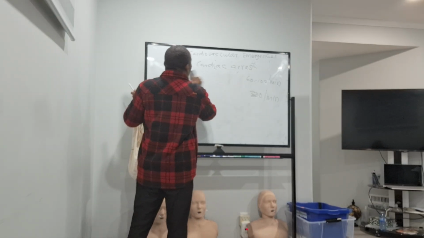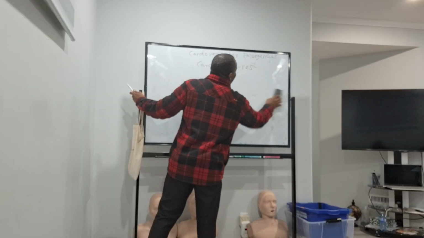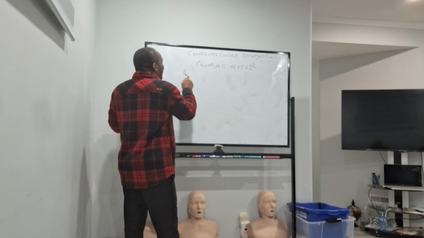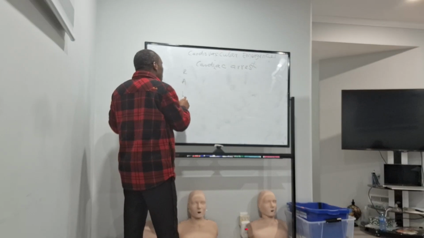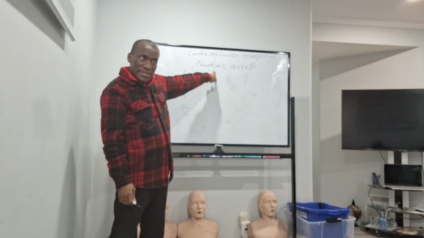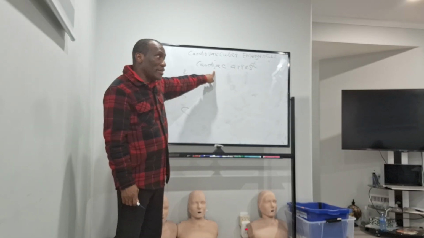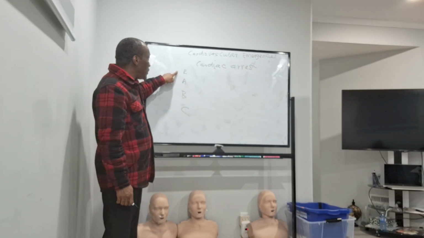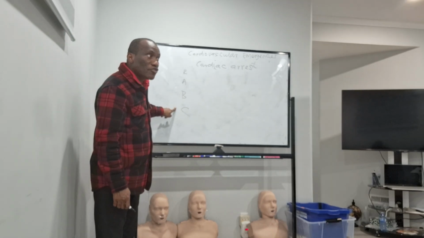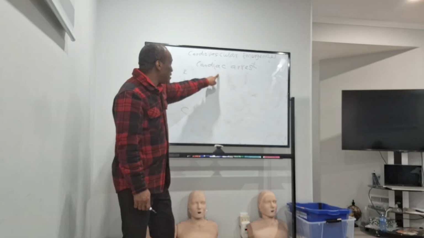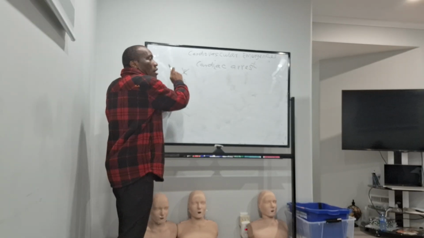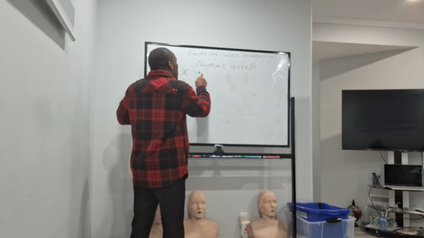So when cardiac arrest happens, if you use R, A, B, C to assess a person who has cardiac arrest, you use responsiveness, airway, breathing, and what? Circulation. If you match this, you are going to notice that R is gone because the person is unconscious.